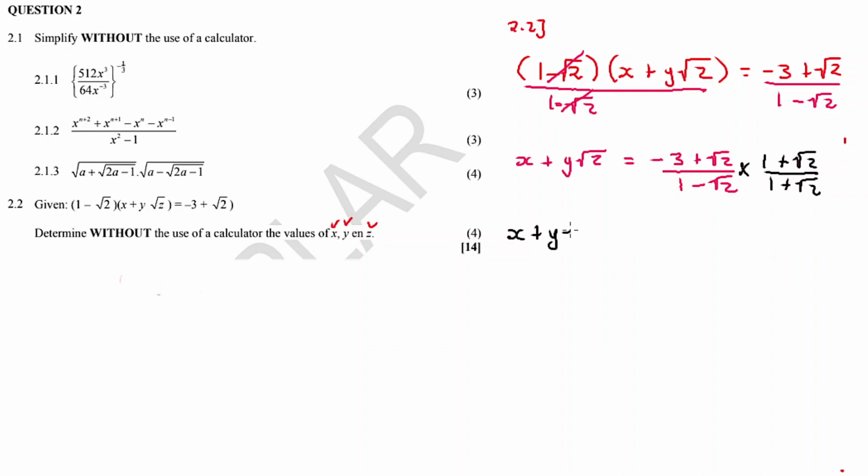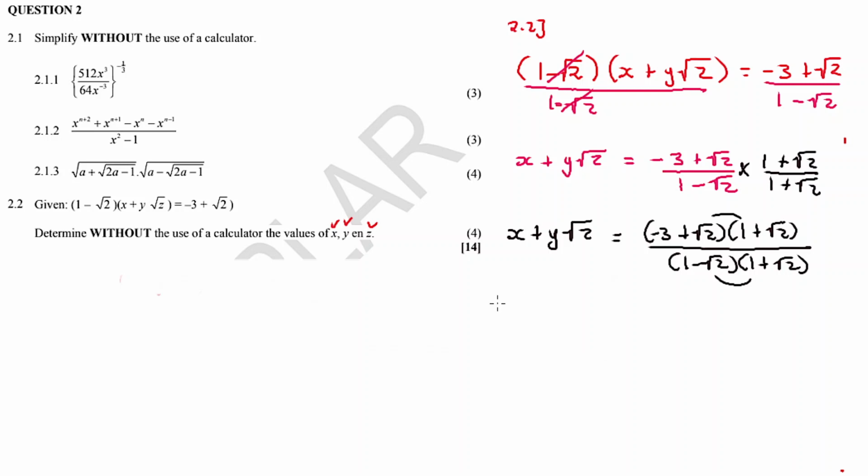X plus y square root z is equal to negative 3 plus the square root of 2, 1 plus the square root of 2 divided by 1 minus square root 2, 1 plus square root 2. Then you multiply the brackets. This time we foil, but the denominator, it's a difference of 2 squares again.